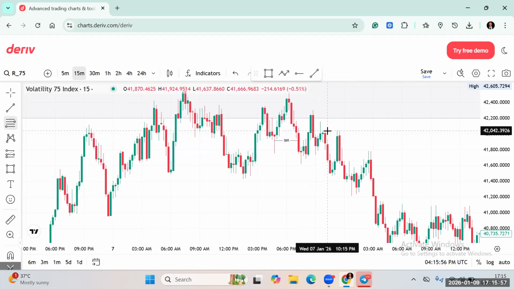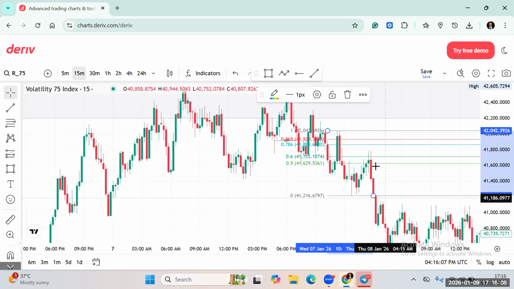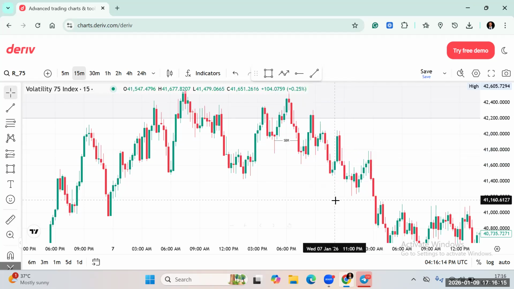Here too, it broke the low. It didn't do a sweep, but it broke the low. So it has confirmed selling. It has started selling. This is how you enter. Maybe you want to enter another position. This is how you do it. You still use the same model to enter. It broke this low, came back to the POI, picked order. And that is what it has been doing.